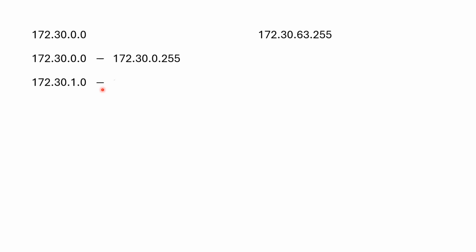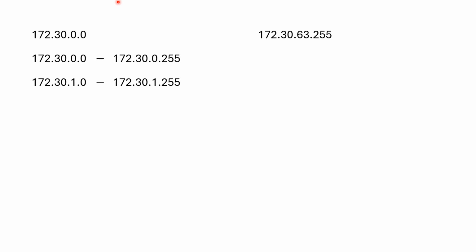So the second range of IP addresses will be from 172.30.1.0. So instead of 0.0, it's 1.0 now, and it goes up to 172.30.1.255. Now keep in mind, this is increasing by 1. Remember that we are going to make networks in the block of 64.